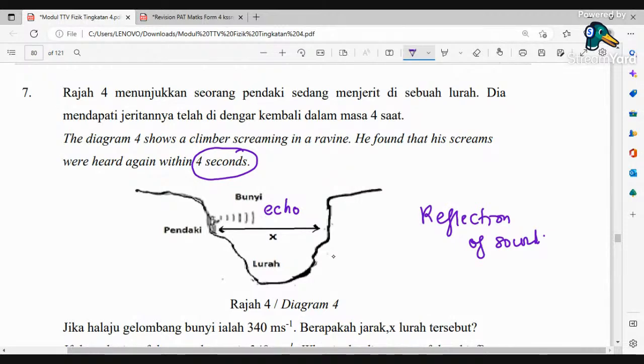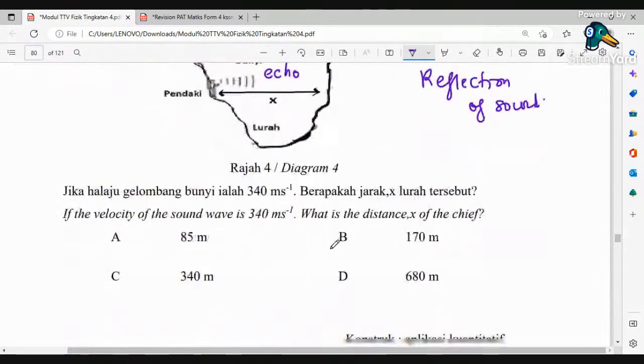Okay, the moment the climber screams, at that moment we record the time already. So the sound wave travels to and fro in 4 seconds, and x is only one direction. To determine x, use this formula: d equals vt divided by 2.